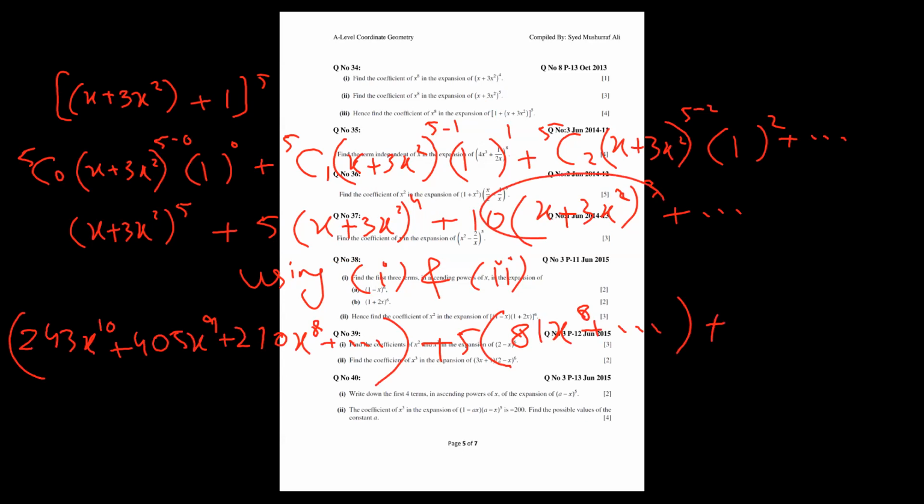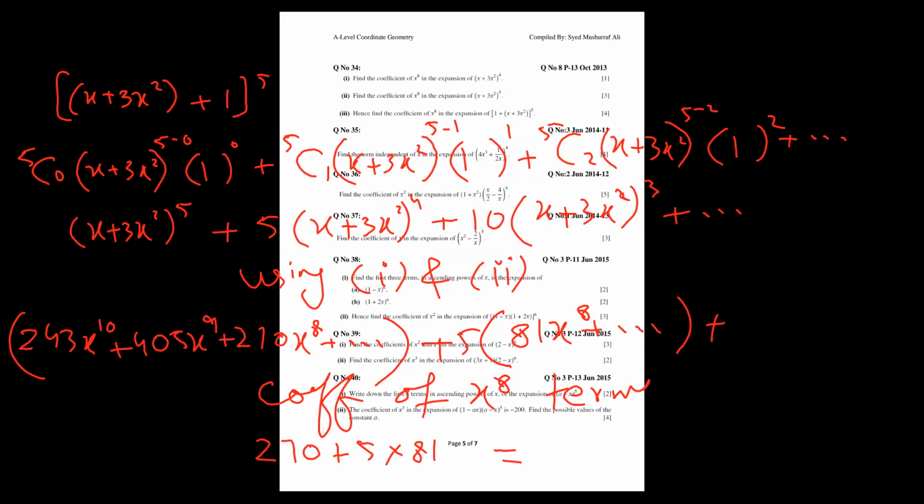And here I'm not getting even 8. And I'm writing here, so the coefficient of x to the power 8 terms. So naturally, here we have 270, and here we have 5 times 81. So 270 plus 5 times 81.